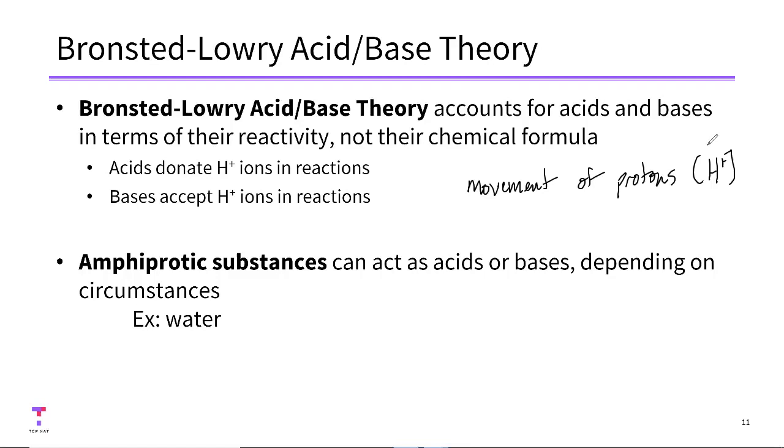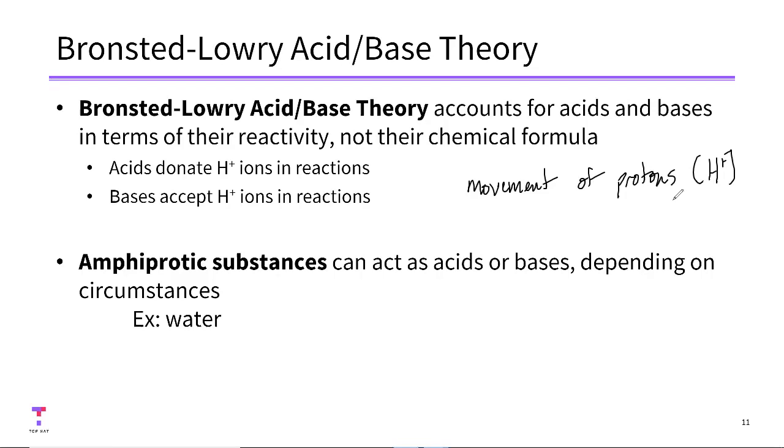And so H+ ions are commonly referred to as protons for that reason. It's the only way that we can talk about protons moving around, because we know that from a nuclear standpoint, protons stay in the nucleus and don't move around. But if the nucleus is only a proton, that becomes our exception.